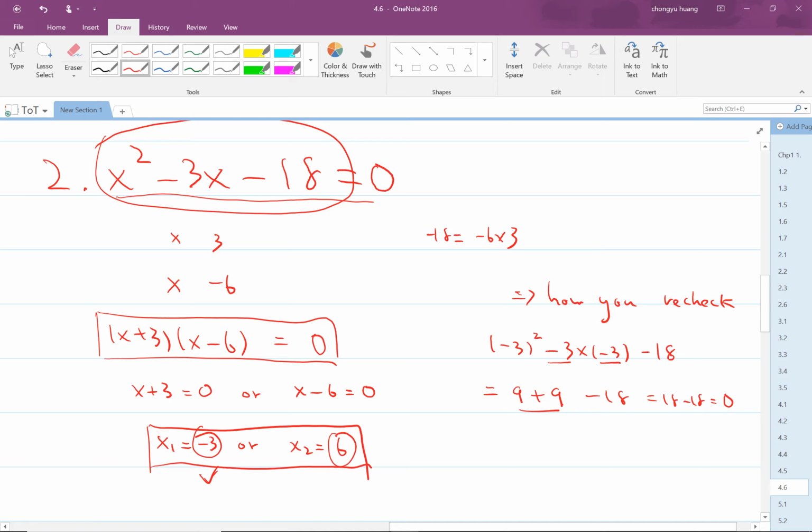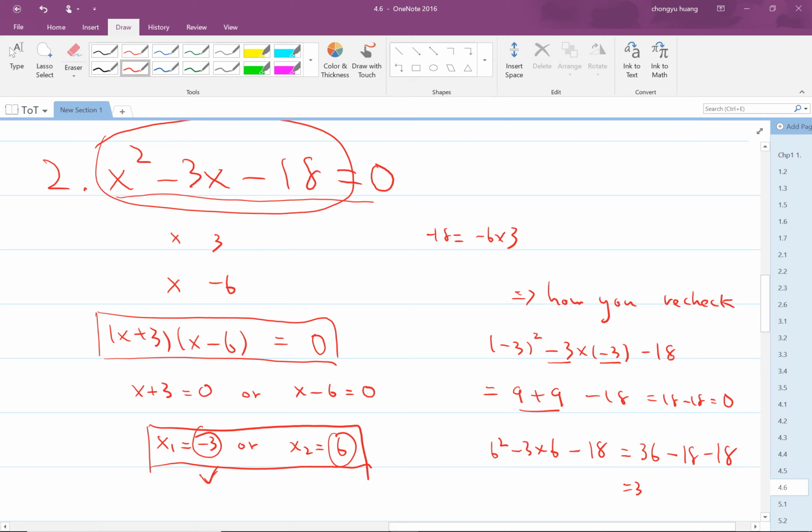So we have 6 squared minus 3 multiplied by 6, and then minus 18, right? 6 squared is 36. 36 minus 18 minus another 18.